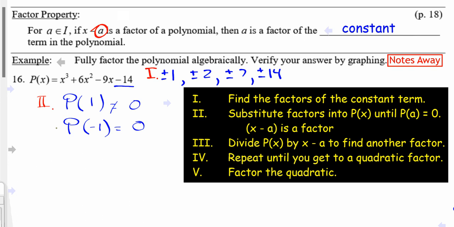You do need to at least show me that when you've found p of something equals 0, at least write this much down. This much tells me that x plus 1 is a factor. Because p of -1 equals 0, that's going to be the value for x in this binomial.